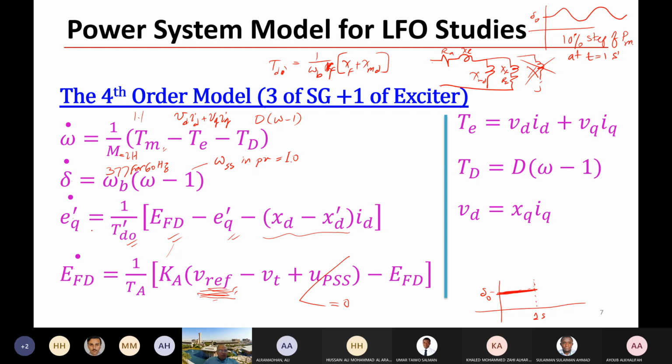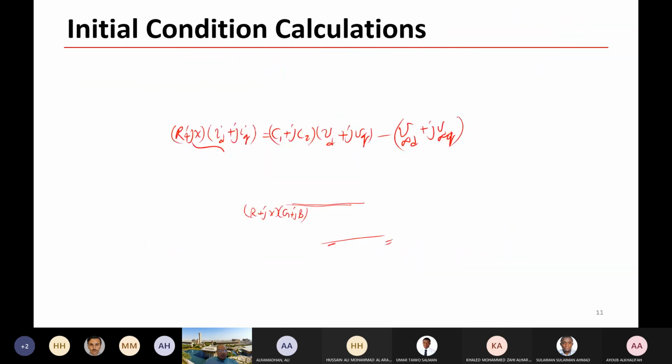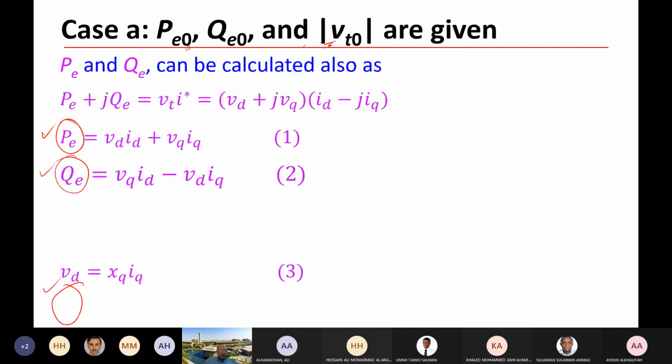So if this is zero, then EFD equals EQ prime plus XD prime, which is a parameter of the machine, and the ID is also calculated. So you can calculate the EFD directly. If you have the EQ prime and the ID at the initial point, you can get the EFD.